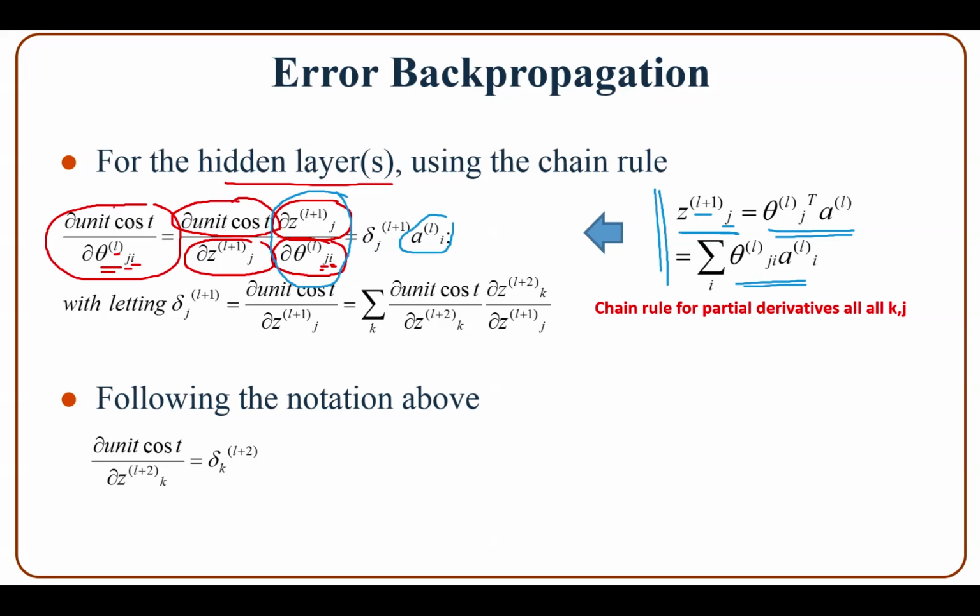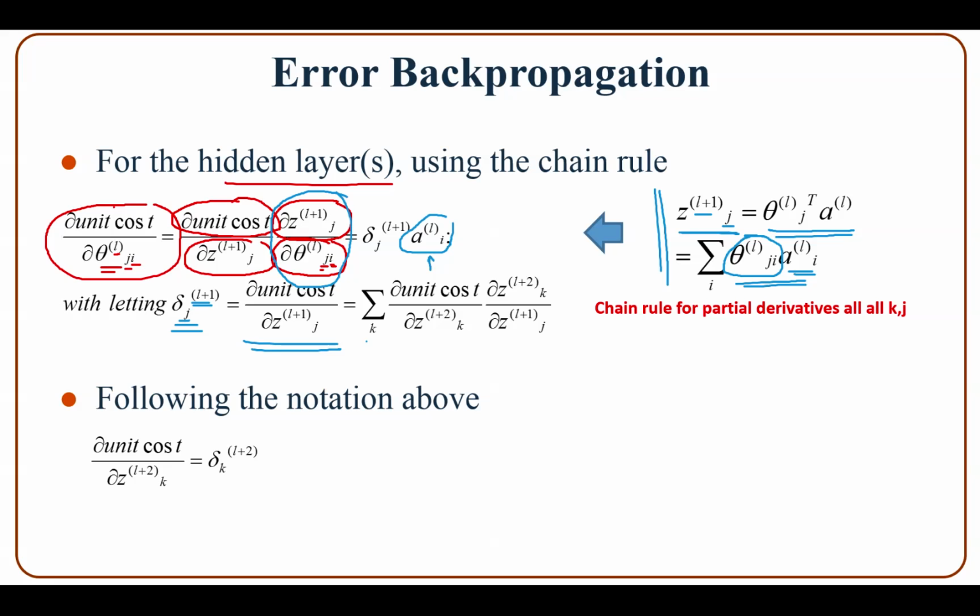If you take the derivative with respect to theta L j i, then what you have left is just a L i, and other terms in the sum are gone, right? So this is what you have left. And here you let the first derivative, you call it delta L plus 1 j, which is the error of node j in layer L plus 1.